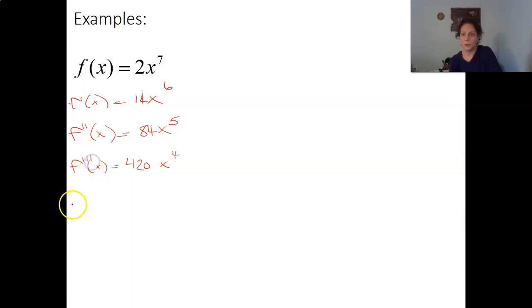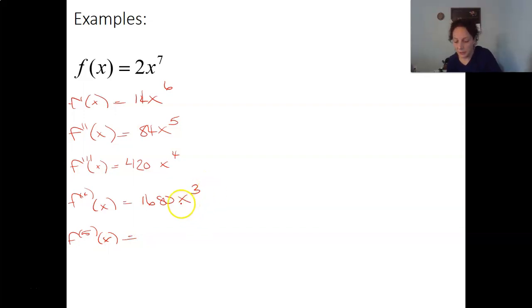So I want you to notice here that for this polynomial, times 4, my fourth derivative is 1680x. Eventually, I'm going to run out of x's here. And so for polynomials, the derivatives eventually go away, if you will.